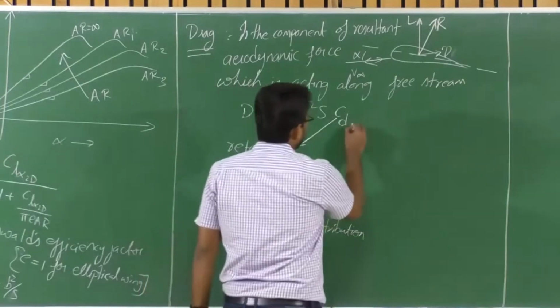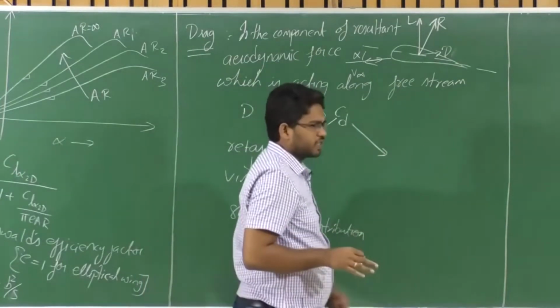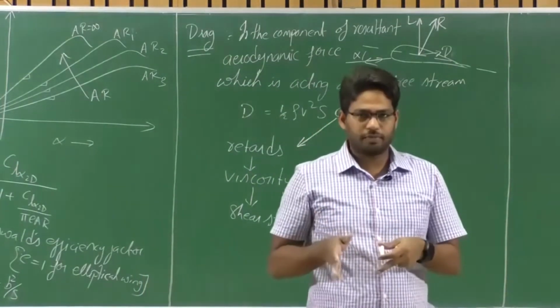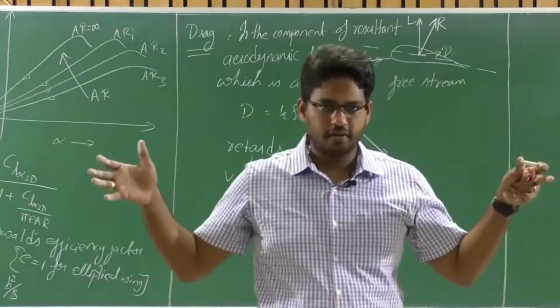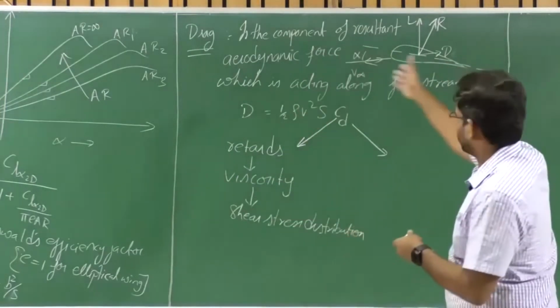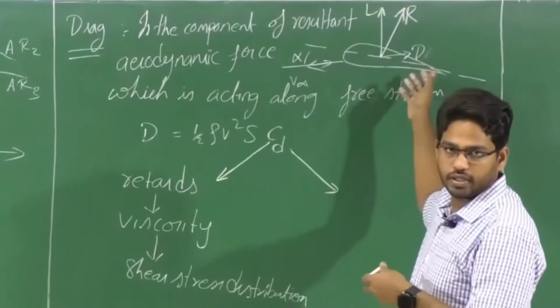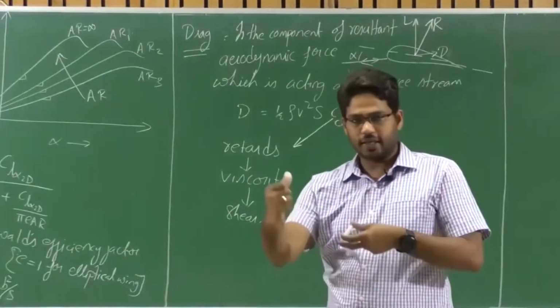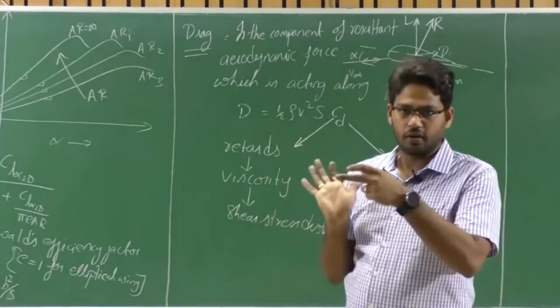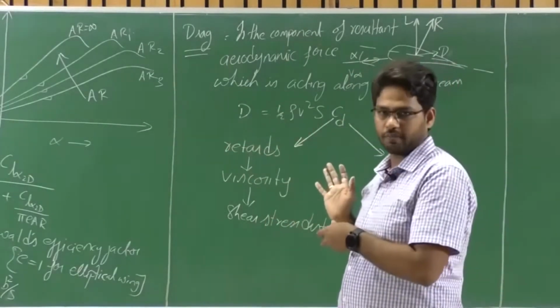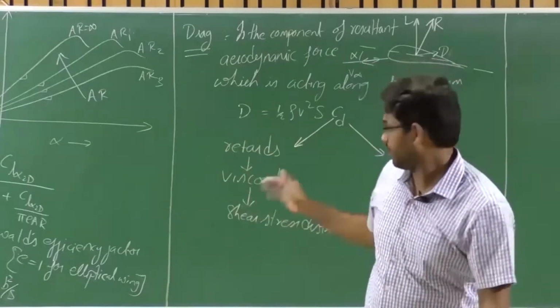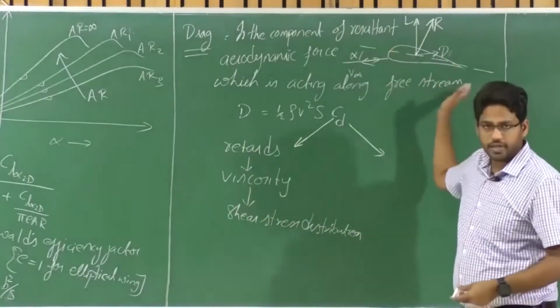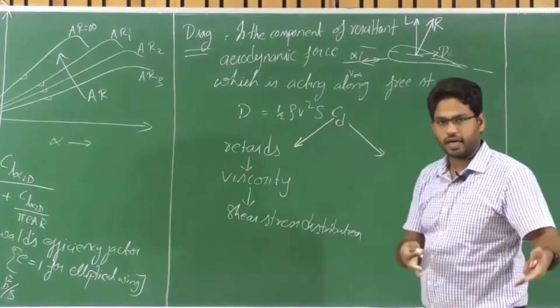So what is the other contribution? Let us say there is a pressure difference along the flow, right? A pressure difference across the body will also contribute towards drag. If there is a higher pressure on the frontal part and a lower pressure on the back part, that pressure difference along the flow will also create drag, right?